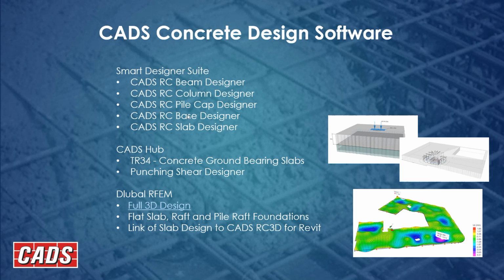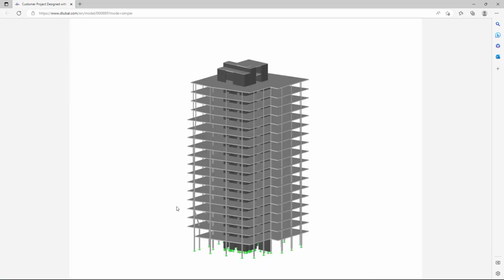You can see the other programs in the suite. There are other videos to show you some more details of these. CADS Hub is a new interface that we've developed. In there are a couple of concrete programs for TR34 checks, ground bearing slabs and punching shear design. Again, these are standalone programs. And then if you really want to go into full 3D design, we have a deal now.